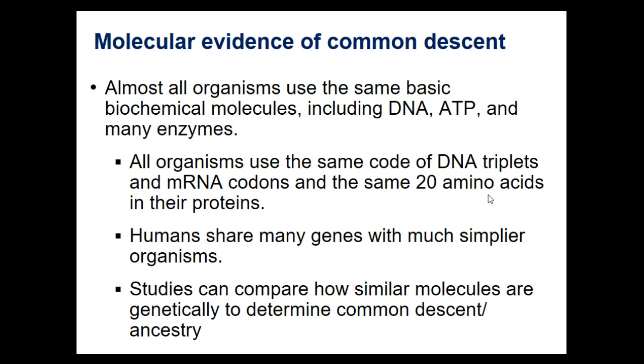ATP, these little rechargeable battery molecules, are used in cells for storing energy. Every organism we know of uses that same molecule for storing energy in its cells. Same for many other enzymes and proteins. They are the same or almost the same molecules in all or many different organisms.